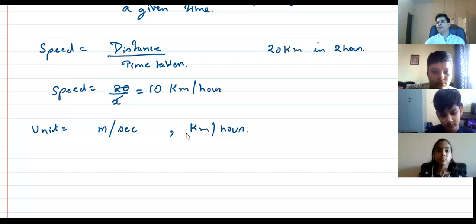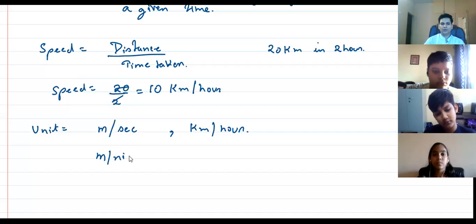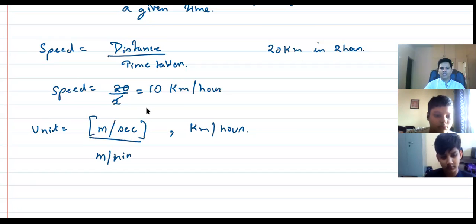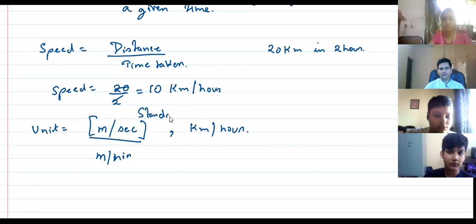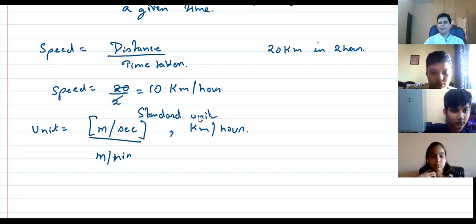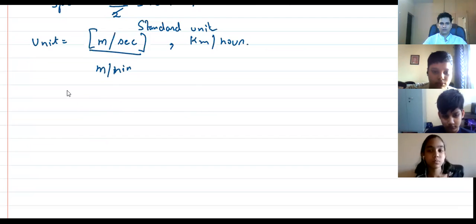But it is not necessary that the unit is only these. It can be meter per minute or kilometer per minute also, but usually meter per second is your standard unit. Got it, everyone?